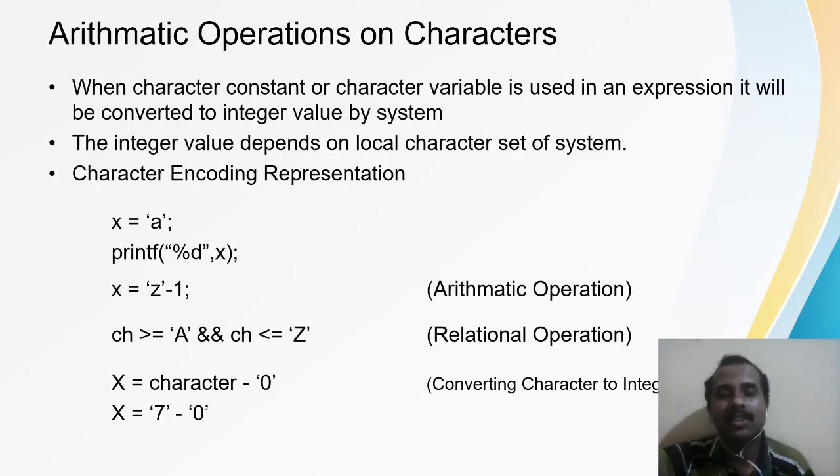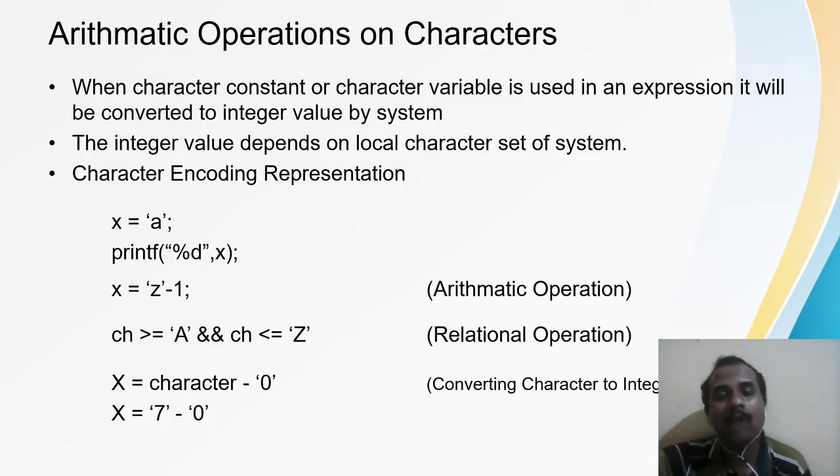Arithmetic operations on characters. Whenever you have character constants or character variables, you can use them in an expression, and when you use a character constant in an expression, it will be converted to an integer value by the system.